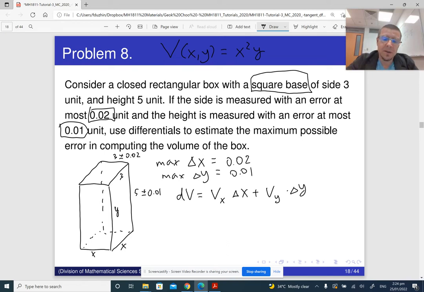Now, again, we want to get the maximum possible error. So hypothetically, if this were negative, then to get the maximum error, we should use the negative value of delta x to estimate the error. But here everything is positive, so I'm not really going to pay attention to the negative signs here, right?